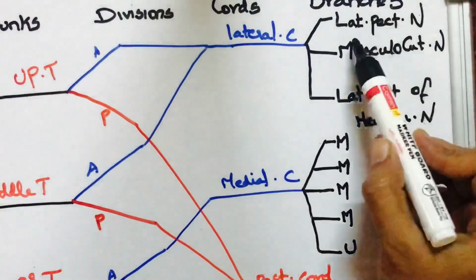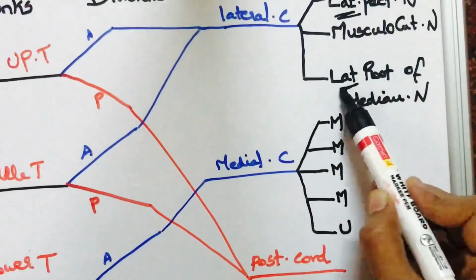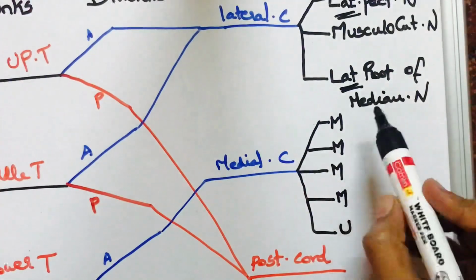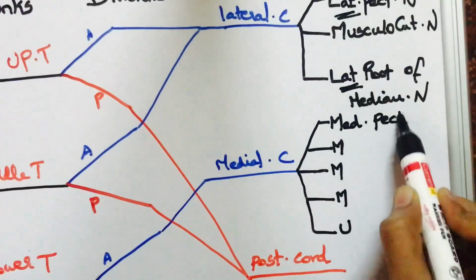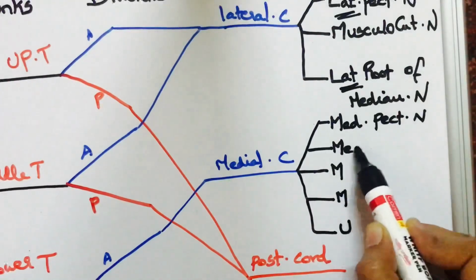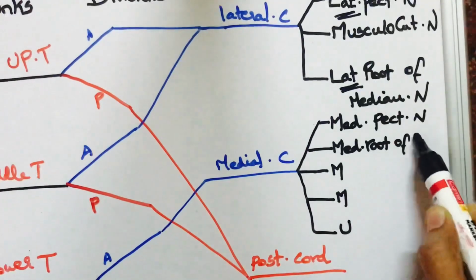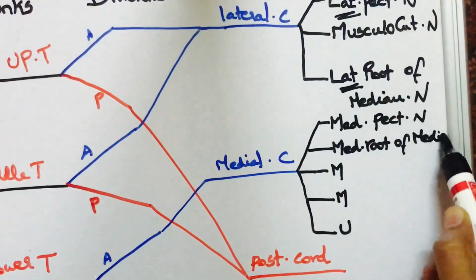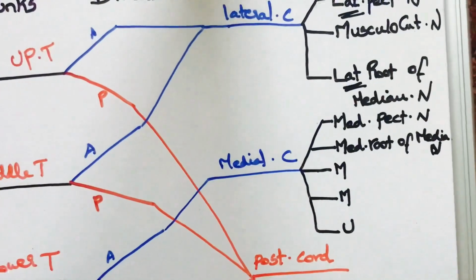Go back to the branches of the lateral cord: lateral pectoral nerve, lateral root of median nerve. So here we have medial pectoral nerve, medial root of median nerve. What is the other branch from the lateral cord?